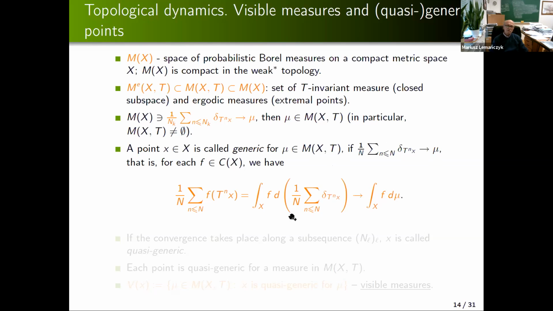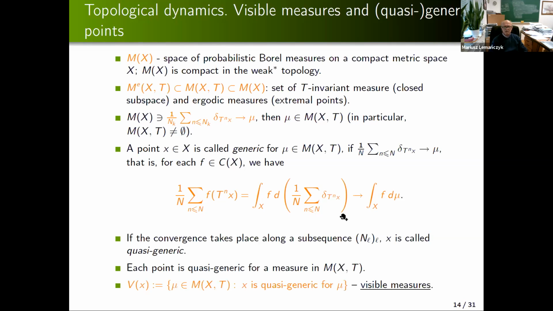Of course, because these are empiric measures, we consider this kind of expressions, very, very numerical. I can compute this integral very easily. If this convergence takes place along a subsequence, then x is called quasi-generic, and because of compactness, each point is quasi-generic for a measure.